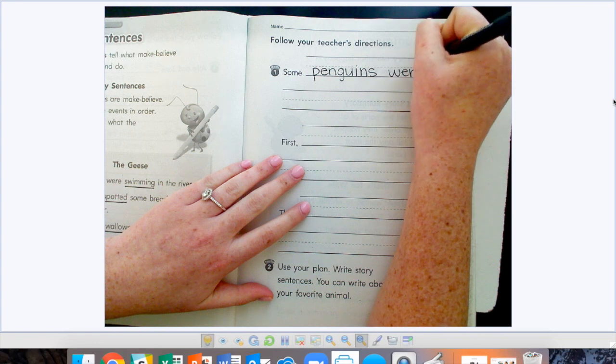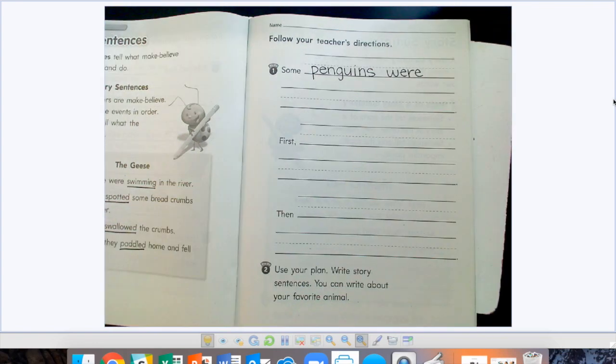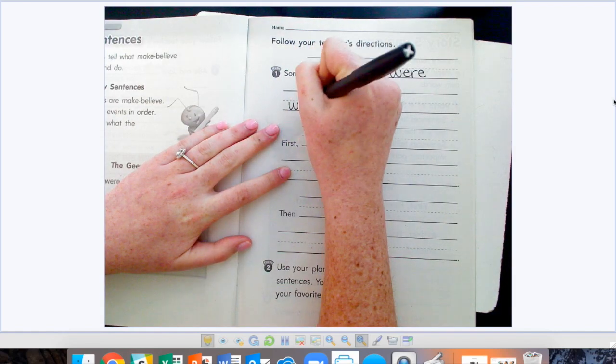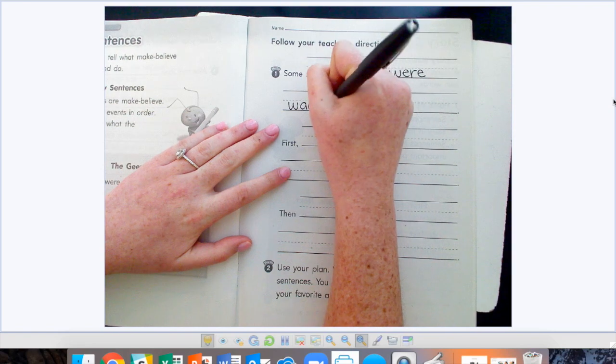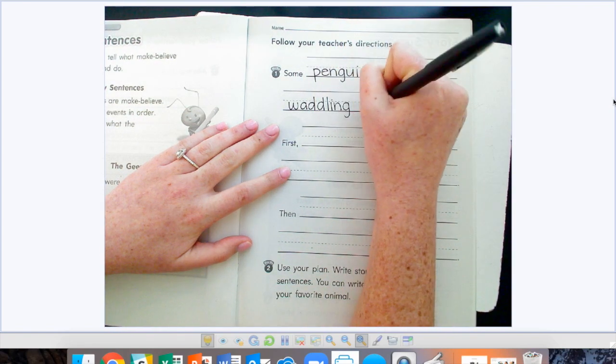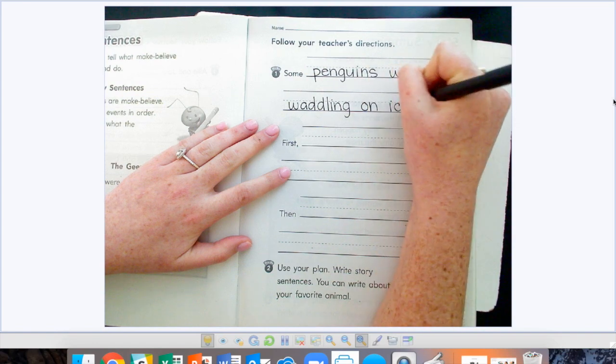Now, I could say some penguins were walking on ice, but I want to use a more exciting verb, a vivid verb. So I'm going to say waddling. Some penguins were waddling on ice.